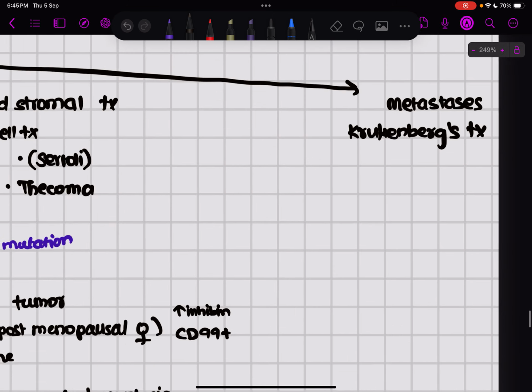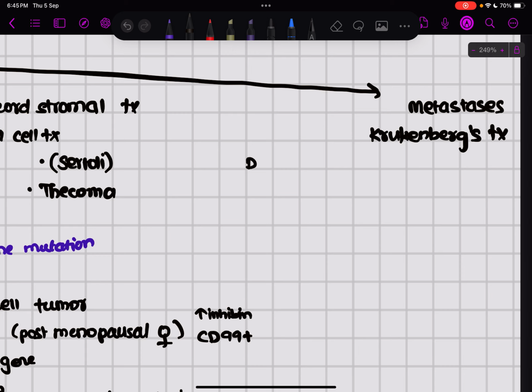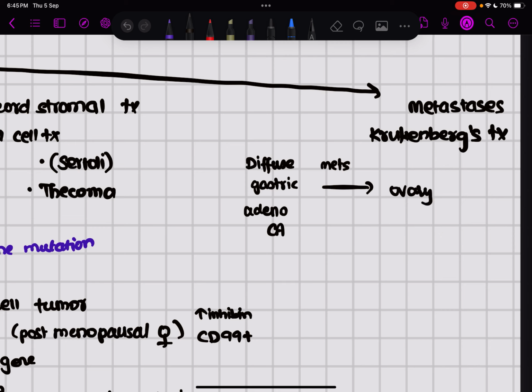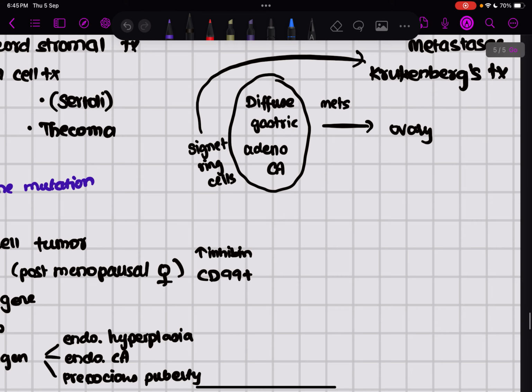Now, moving on to Krukenberg's tumor. Krukenberg's tumor is diffuse gastric adenocarcinoma. It gets metastasized to the lungs, to the ovary. Diffuse gastric adenocarcinoma shows signet ring cells, and these can also be seen in Krukenberg's tumor. On histopathological examination, you see signet ring cells.